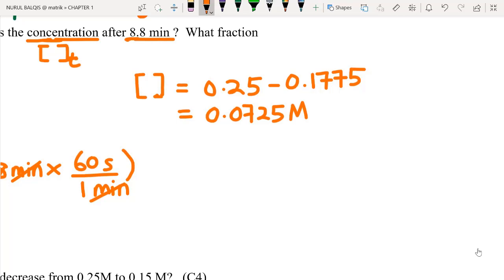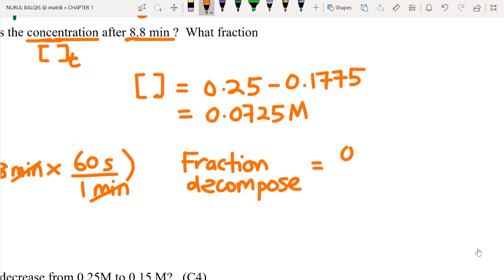But this is only concentration. You need to find the fraction of these concentrations. So again, in order for you to get the fraction that decomposed, you need to divide it by the initial concentration. Fraction decomposed is equal to 0.0725 divided by the initial concentration of 0.25.